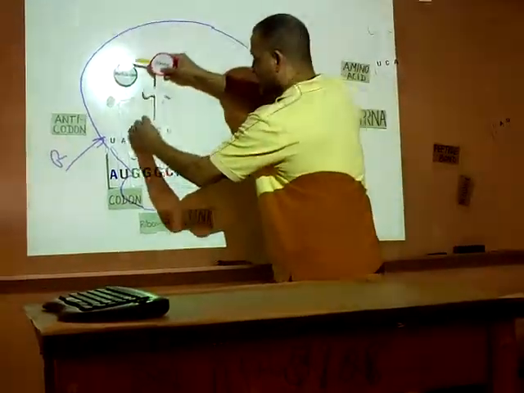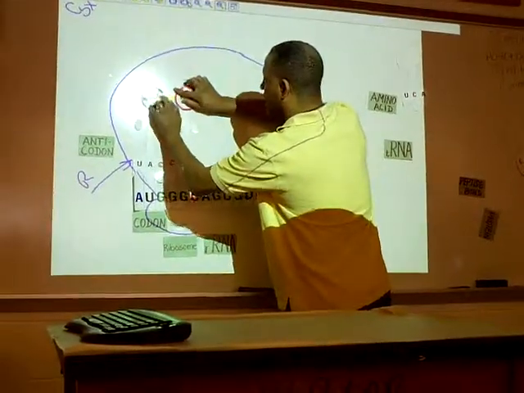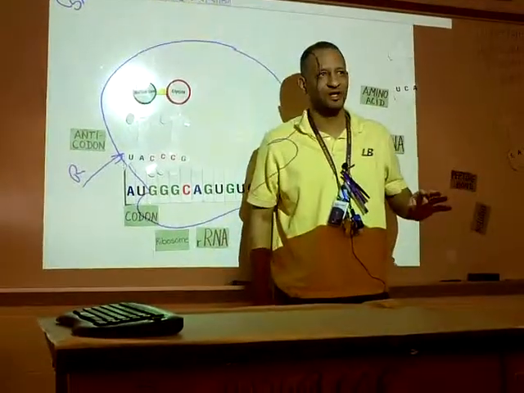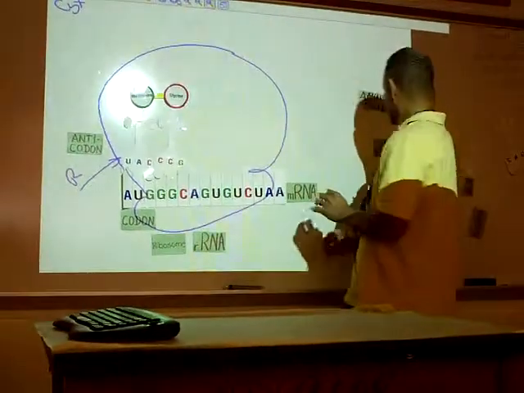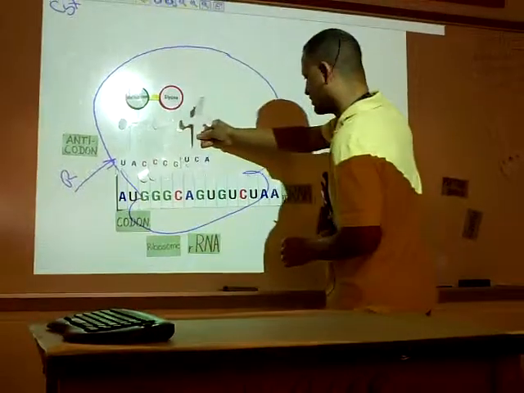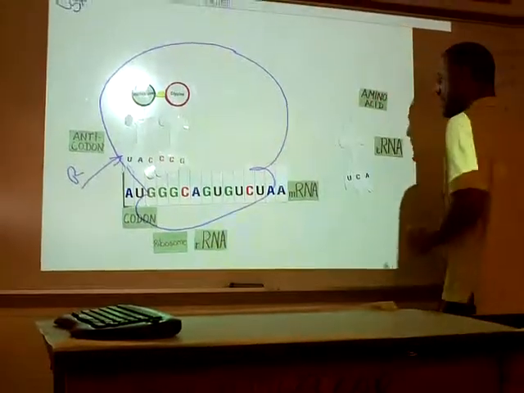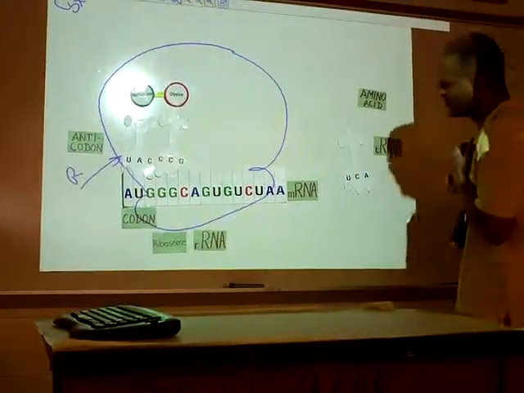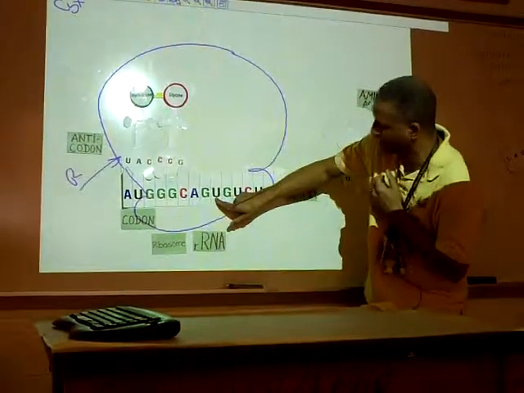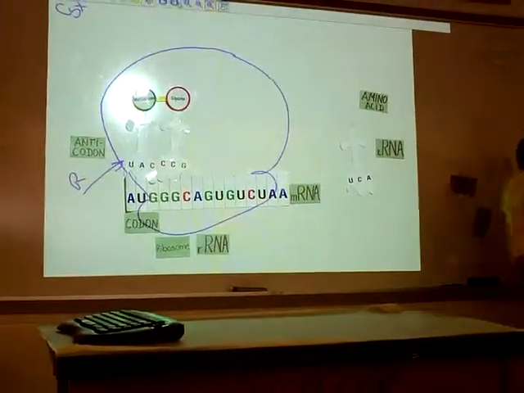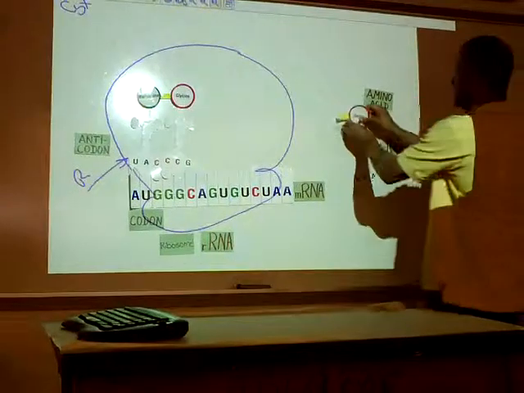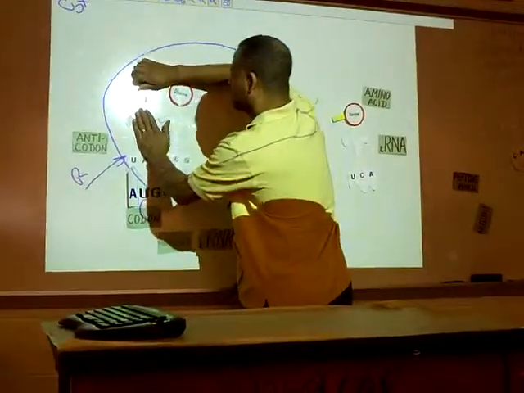And the next step is actually going to be the part that's an overly simplistic visual, but, alright, let's see. Now, before I bring in the next amino acid, why don't you tell me, what would be the next amino acid? AGU. Serine. Now watch this. Before it comes in, I'm taking that off.